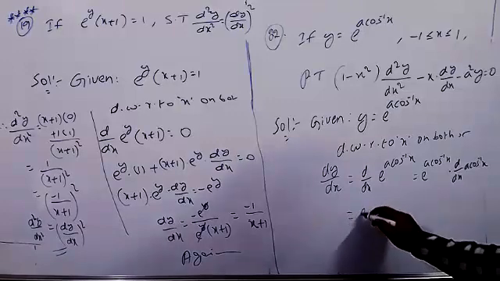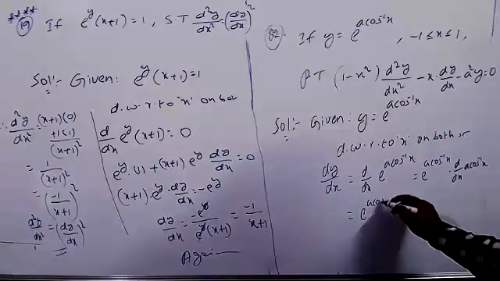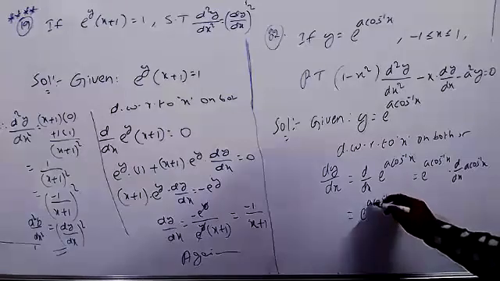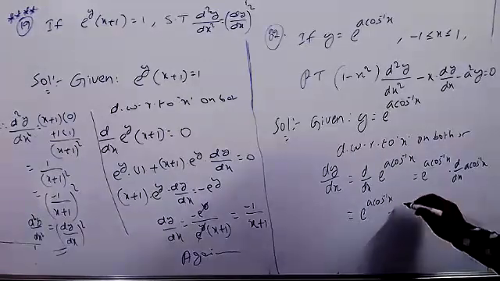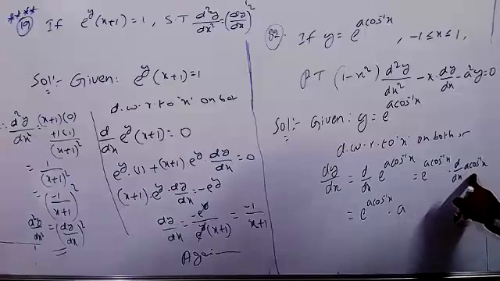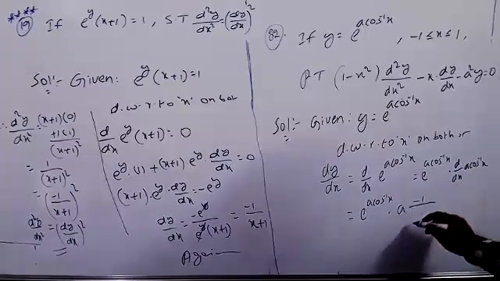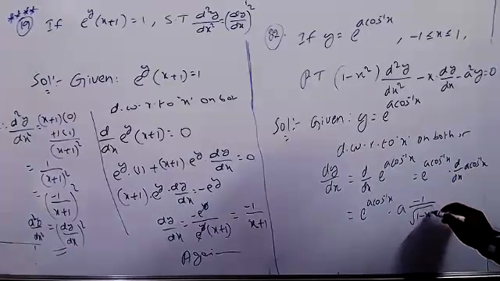Anyhow a is the constant only, and differentiation of cos inverse x equal to minus 1 by root of 1 minus x square.